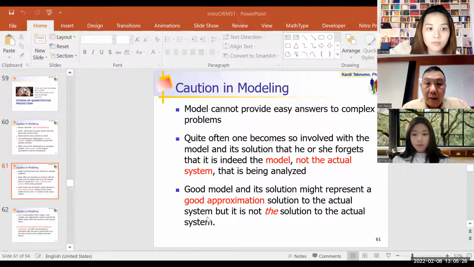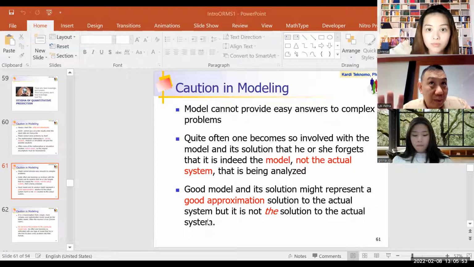And if your problem is complex, then certain models cannot provide easy answers, right? It's quite often that one becomes so involved with the model and the solution that he or she forgets that it is a model, not the actual system that you analyze.